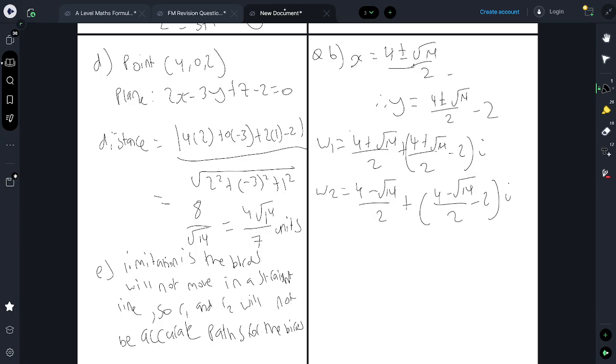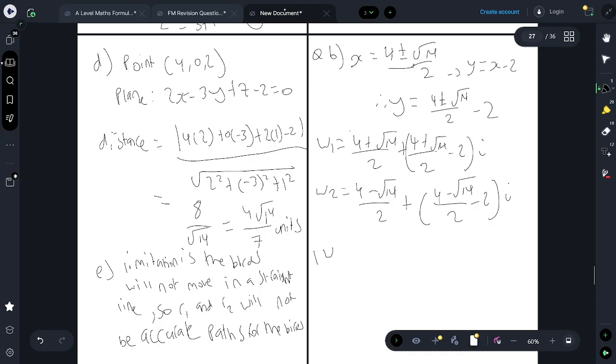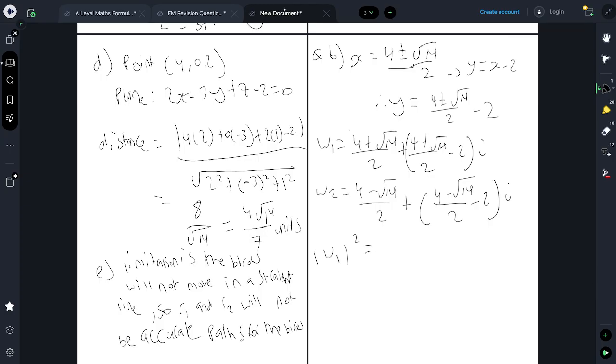Okay, because that comes from y is x minus 2, just to clarify. So really it's asking us to find the modulus of the numbers, right? So w1 squared would be 4 plus root 14 over 2 squared plus 4 plus root 14 over 2 minus 2 squared, right? That's the square of the x and the y components.